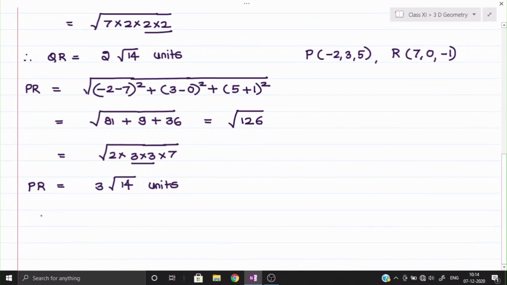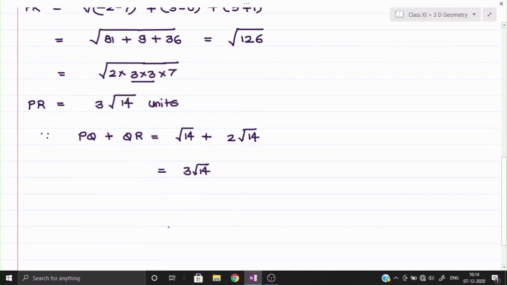Here we shall mention at the last, since PQ plus QR is equal to under root of 14 plus 2 under root of 14. So this will be equal to 3 under root of 14, and 3 under root of 14 is equal to PR.